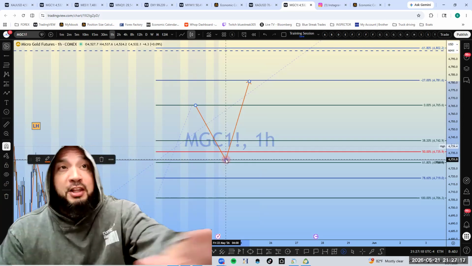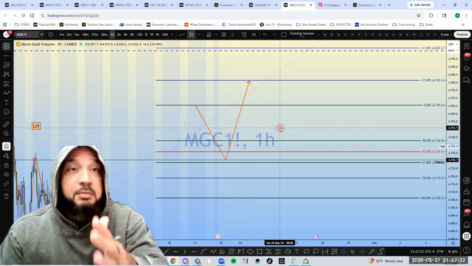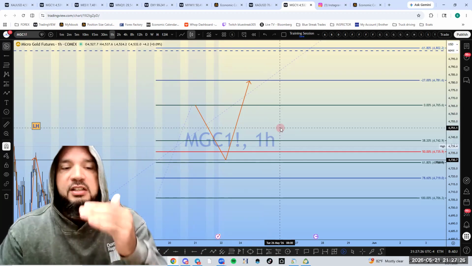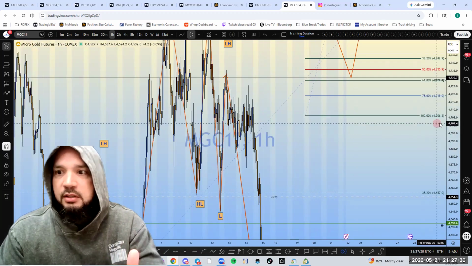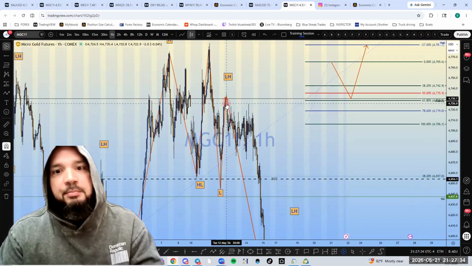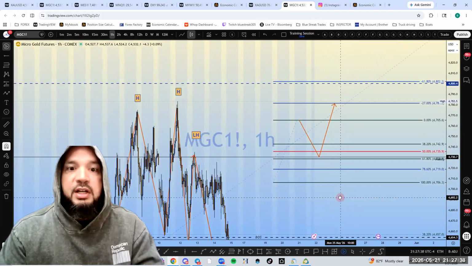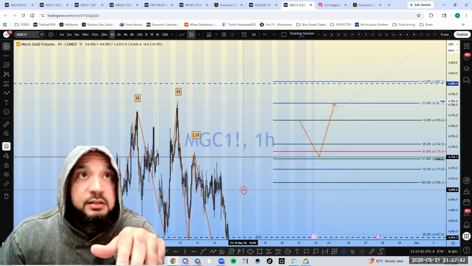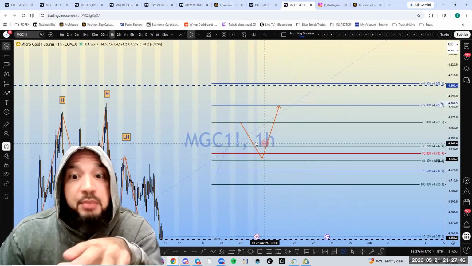I take all of that out of the way, and I just keep it as simple as this, because this is all the market is really doing. All the market is really doing is moving up or down, or up or down, or up or down. Your job is to find the trend, determine the bias, and find a setup within that bias.